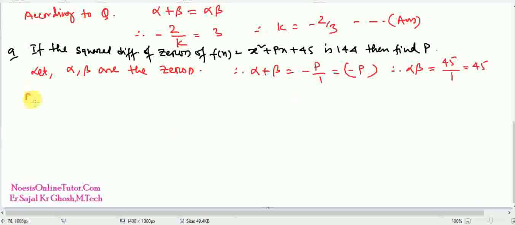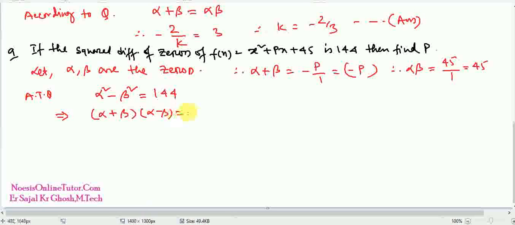Now according to the question, the square difference, that means alpha square minus beta square equal to 144. So I could write it as alpha plus beta into alpha minus beta is equal to 144. Right. Now I have the value of alpha plus beta, but I do not have the value of alpha minus beta.